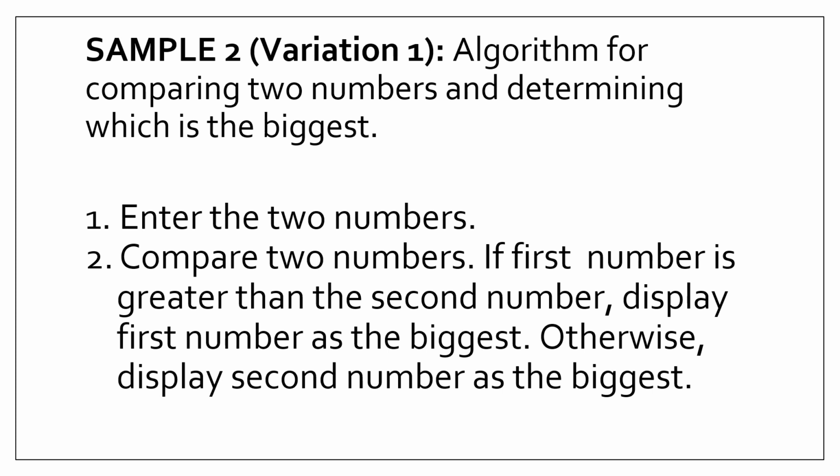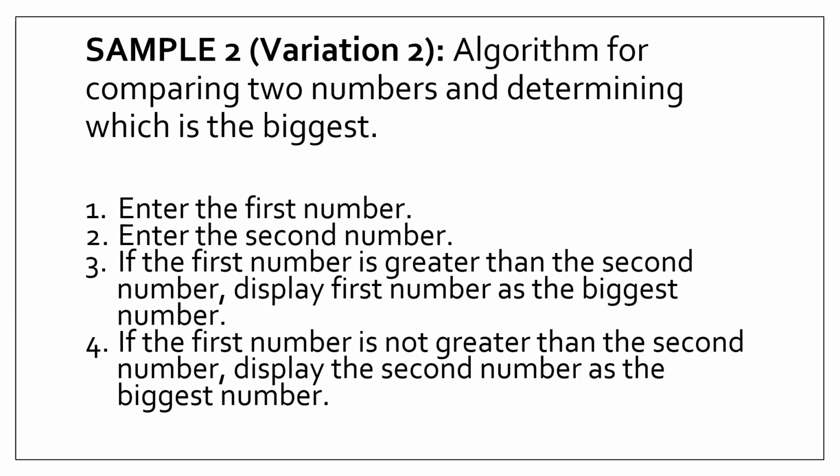Now observe the second variation. We'll be able to create four instructions. In this case, we say enter the first number and then enter the second number. And then we say if the first number is greater than the second number, then display the first number as the biggest number. And then if the first number is not greater than the second number, then display the second number as the biggest number.